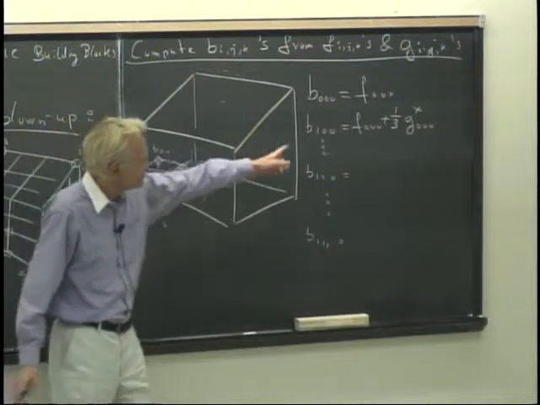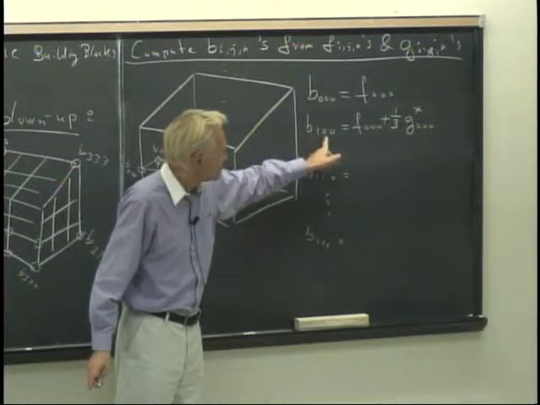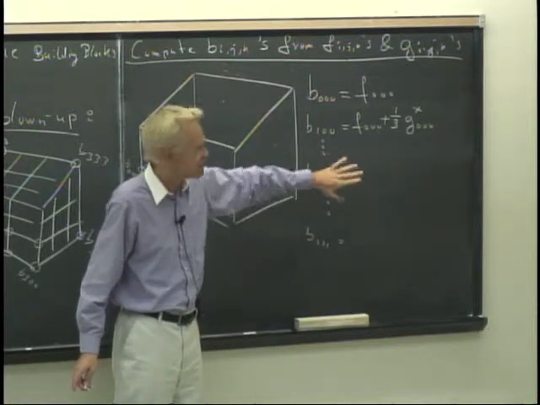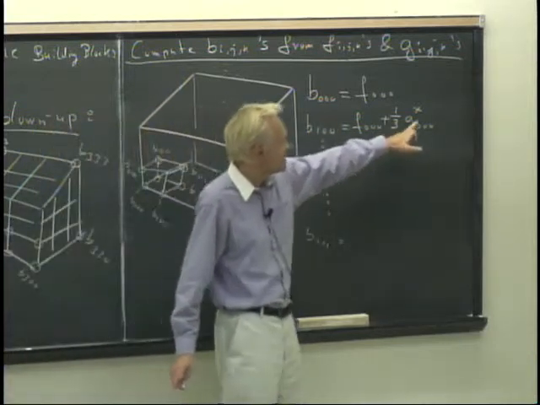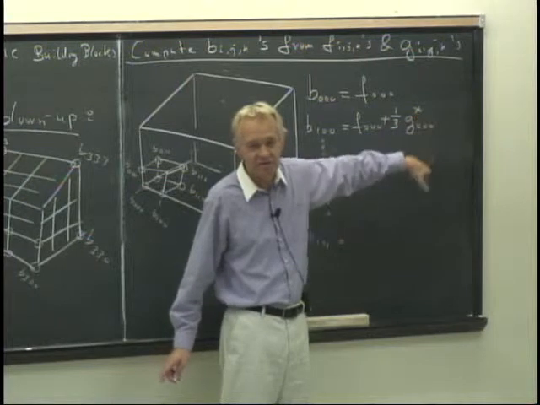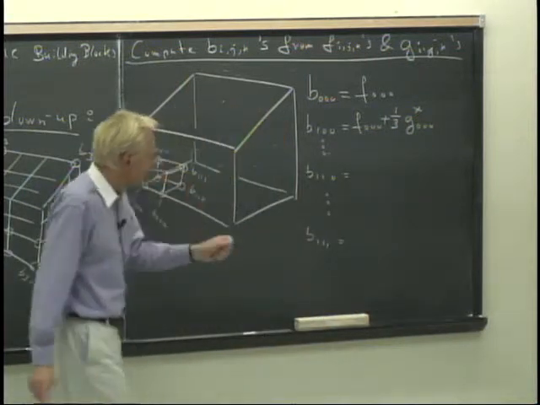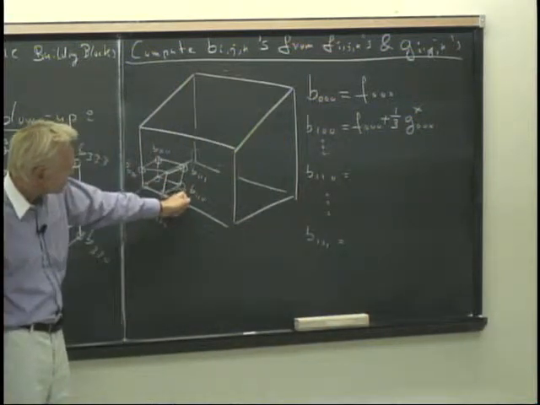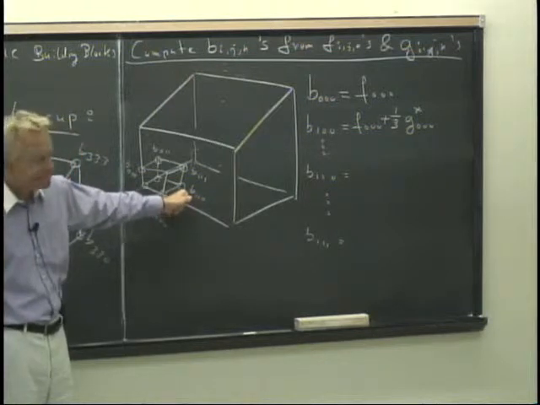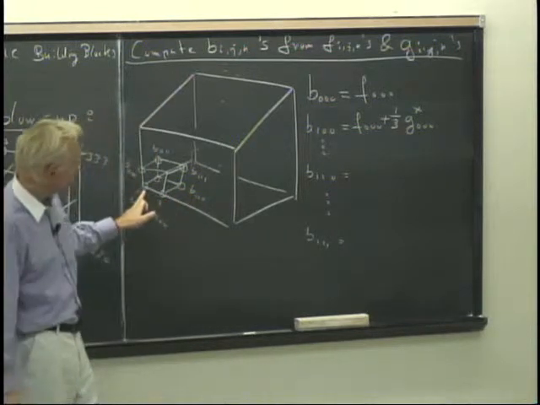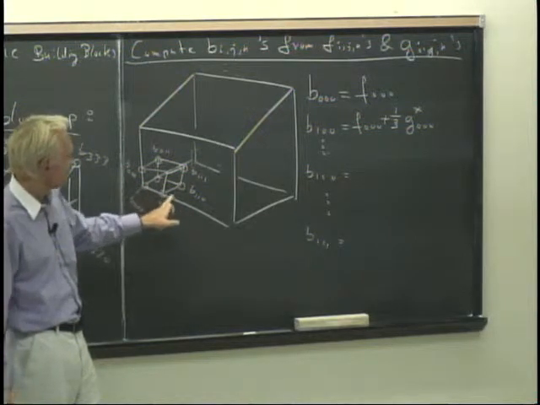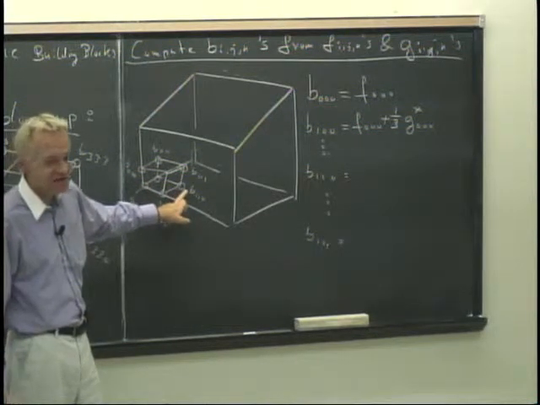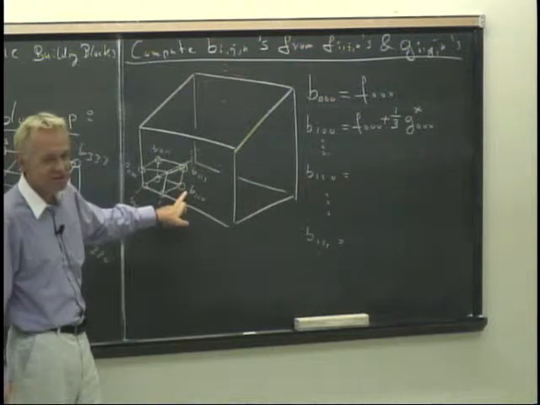And then the same for B010, and the same for B001. That's why I don't put them down. It's boring, right? Except that now for the other guys, you would call this Y or Z. But the next interesting one might be this guy, B110, which is this guy. So we go 1 to the right, and we go 1 in Y. 1 in x and 1 in y. So we have to add the gradients in x and y direction times 1/3.